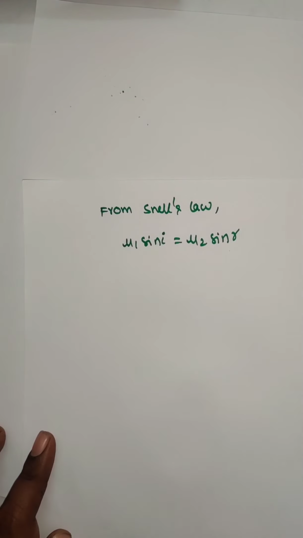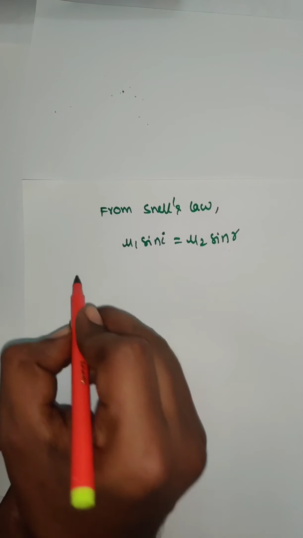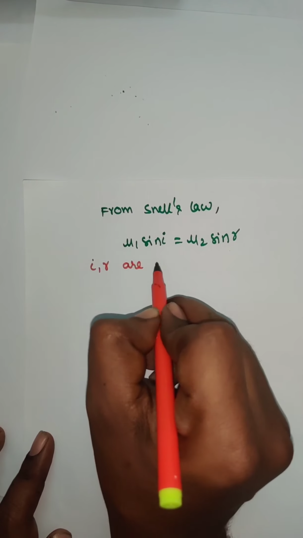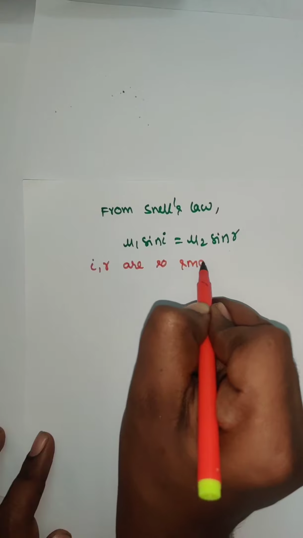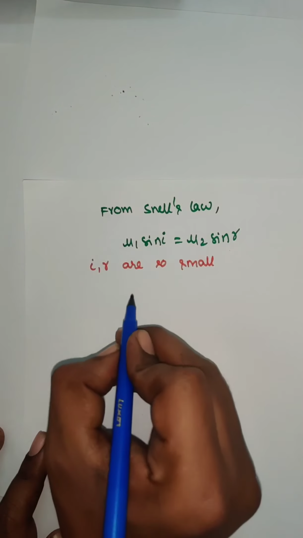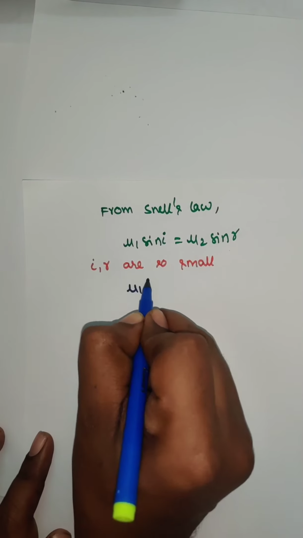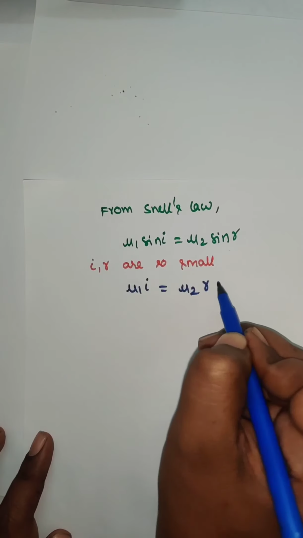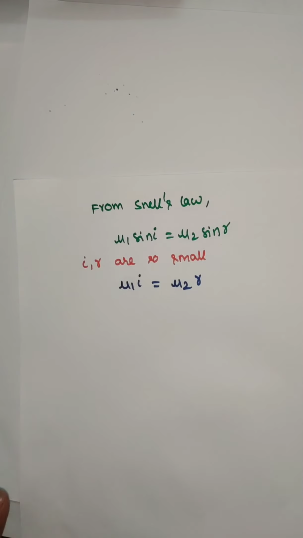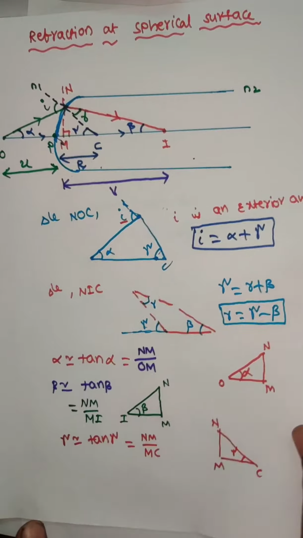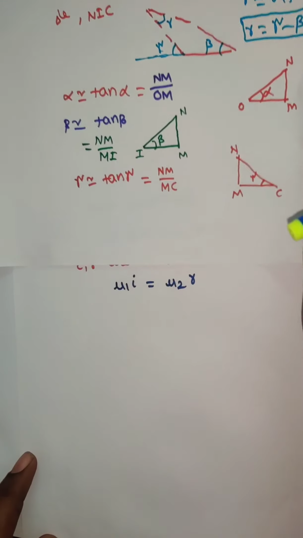Here the angles are so small, the angle of incidence i and angle of refraction r are so small, so you can write directly mu1 into i is equal to mu2 into r. What do we know? We know i is equal to alpha plus gamma.